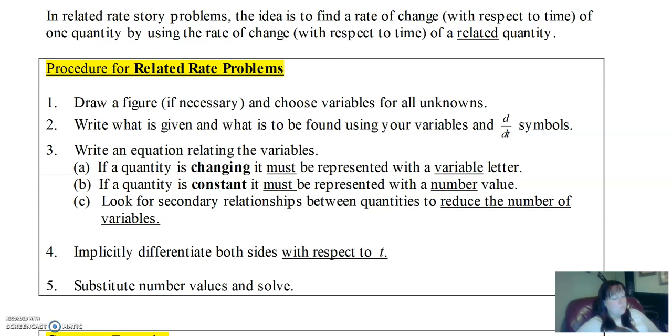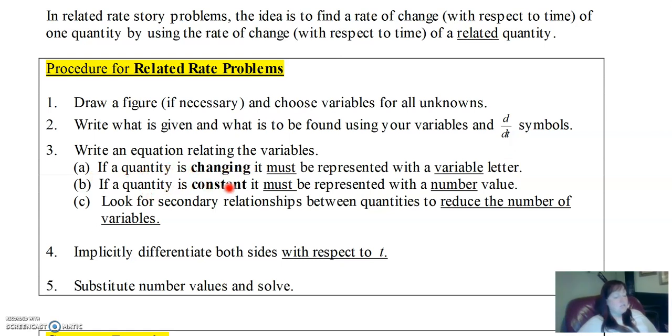Then we write what is given and what is to be found. We're going to be given a lot of information, like different values at different points, and we use our d dt symbols because remember, we're differentiating with respect to time. Then we write an equation relating the variables.